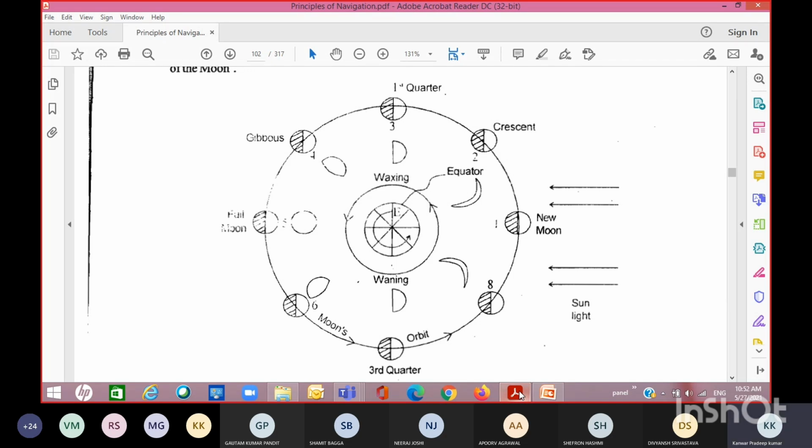One interesting point to note here is that the bulge of the moon is changing side. The side which is facing the sun is illuminated.